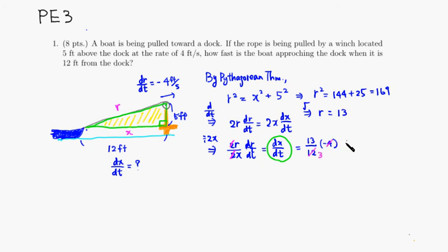And you will get negative 13 over 3 feet per second. It's negative because it's approaching the dock. So speed-wise, it's 13 over 3 feet per second. Alright, that's it. I hope that this was clear.